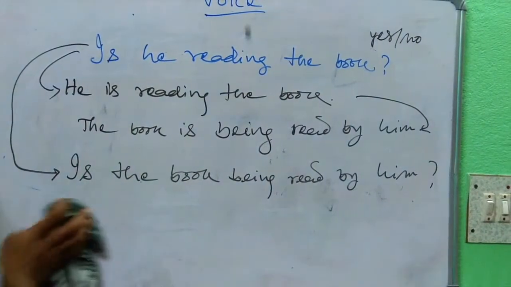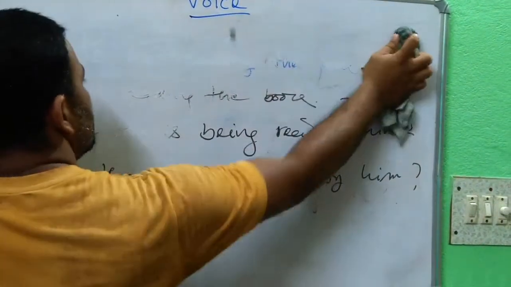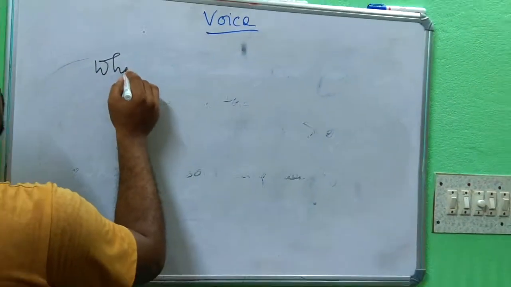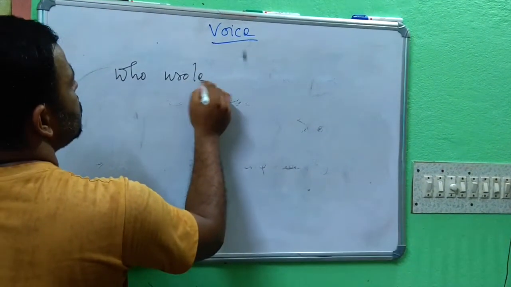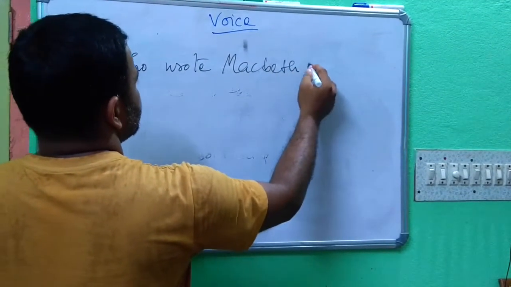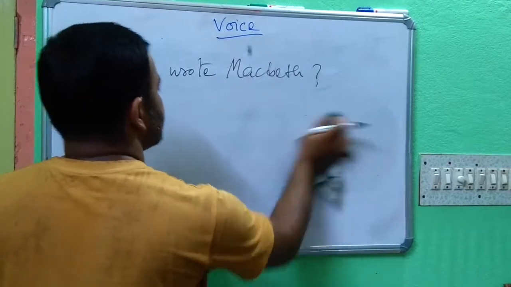If we change another WH word of an interrogative sentence in the form like this: who wrote Macbeth? Here the WH word itself is the subject.